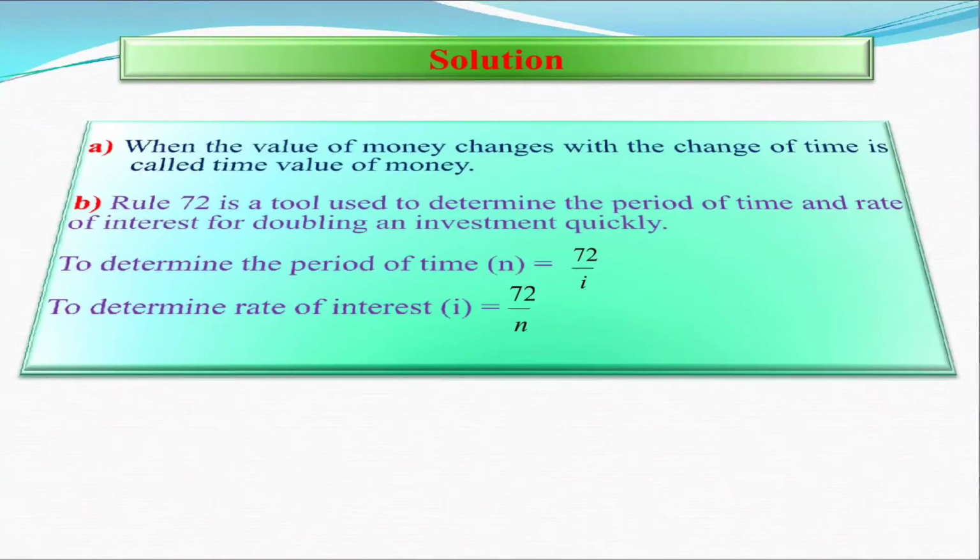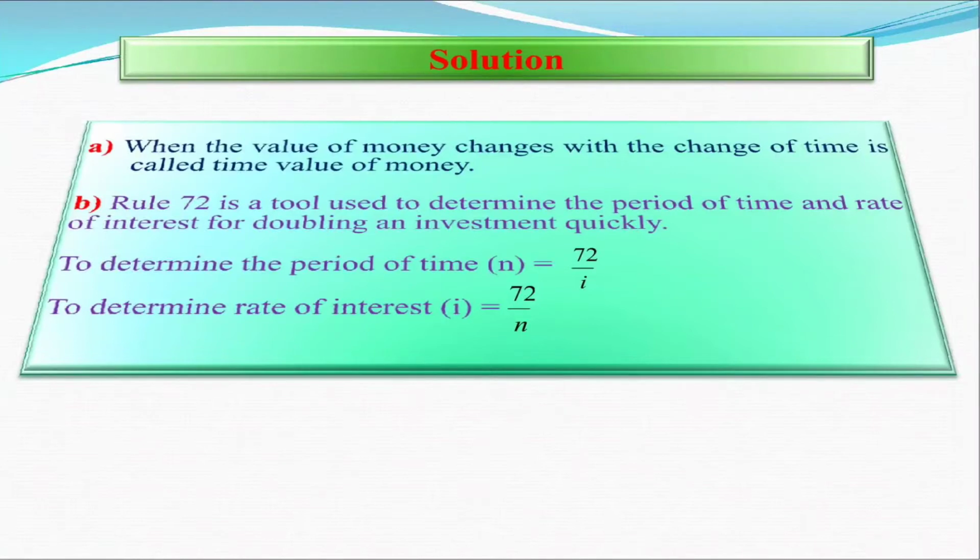You know, i means interest rate. As well as you may have another question: sir, what is the formula of rate of interest when we use Rule 72? Yes, the formula to determine the rate of interest is i equal to 72 divided by n. You know, n equals number of years. So I think you understood the concept of Rule 72.